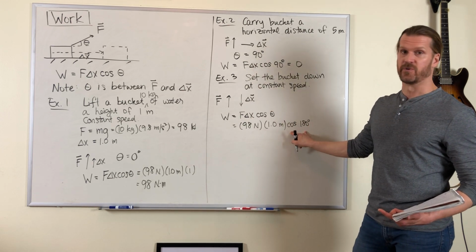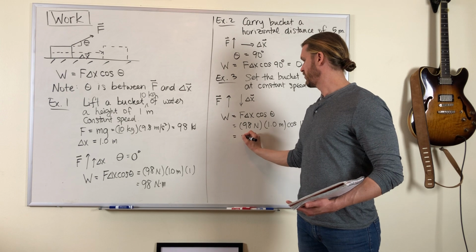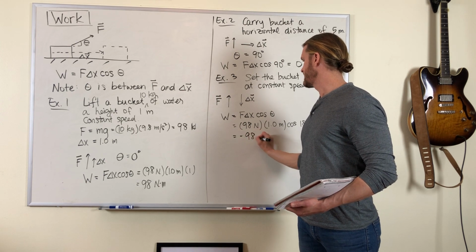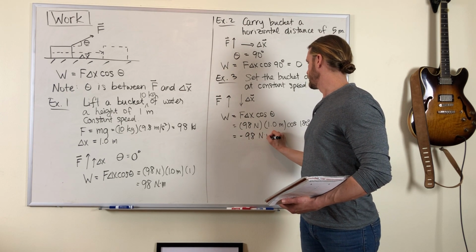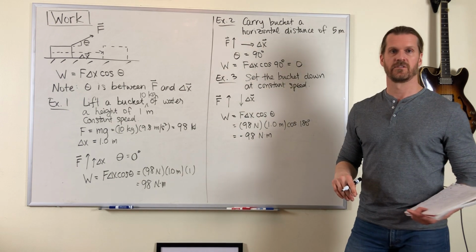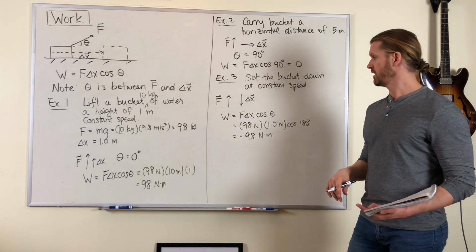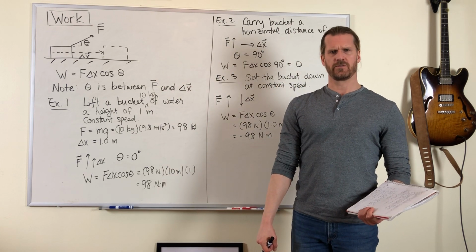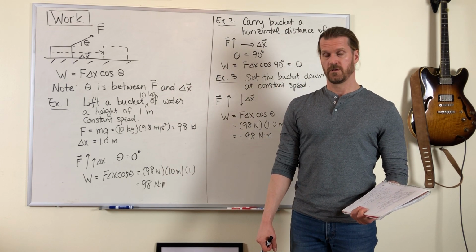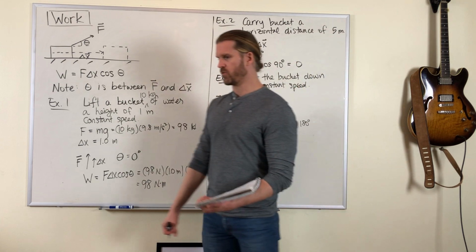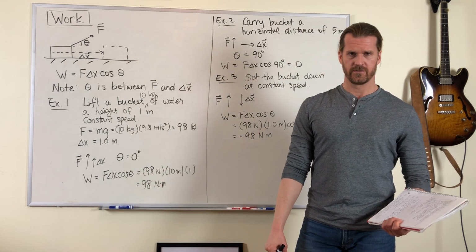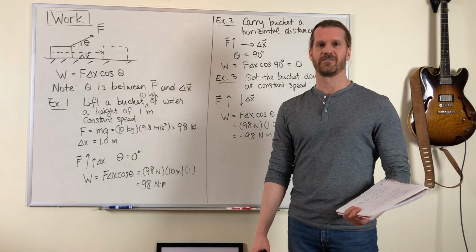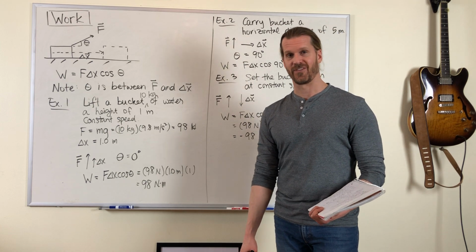And that equals -1. So we get negative 98 Newton meters of work done. So by picking the bucket up, you've done positive work on it. By walking around horizontally, you do 0 work. By setting the bucket down, you do negative work on that bucket.